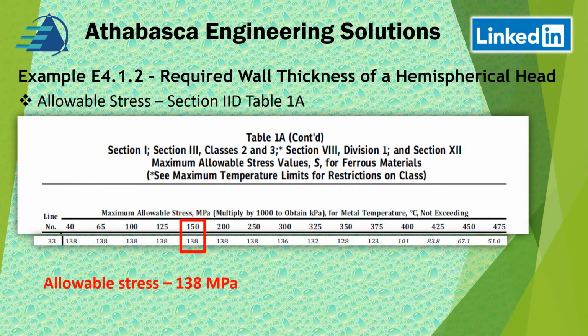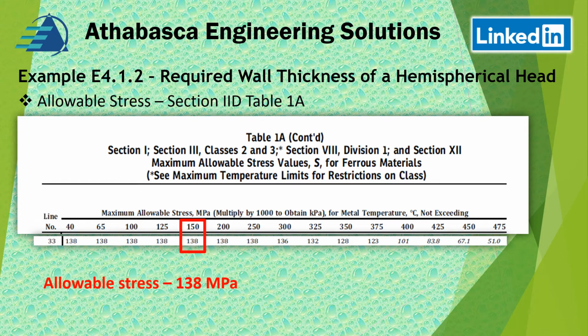The allowable stress is found in Section II, Table 1A for Section 8 Division 1. Here's an example of a table that we would typically use.